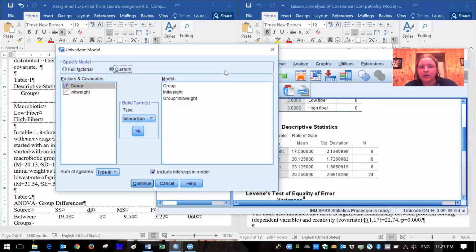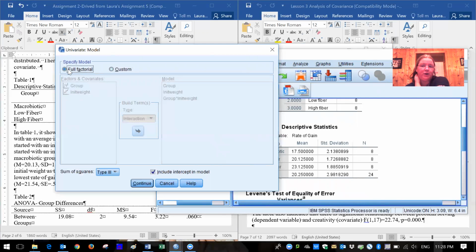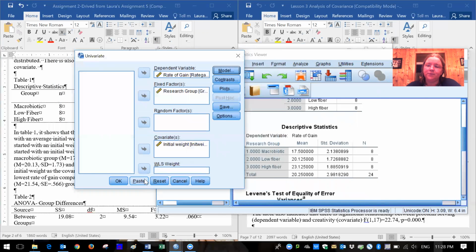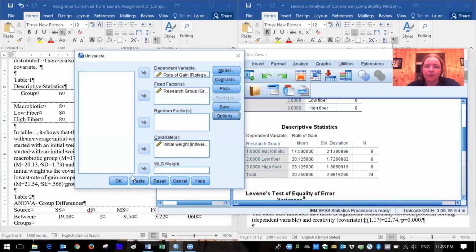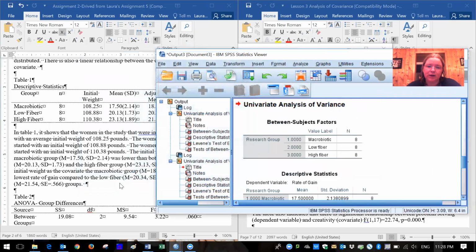But then instead of doing the custom model, you're going to do the full factorial model. This will give you your comparison table, so you know exactly how everything is significant. And because we've already selected all of these, we don't have to do anything there. And I'm pretty sure Bonferroni pops up, so let's check it out.